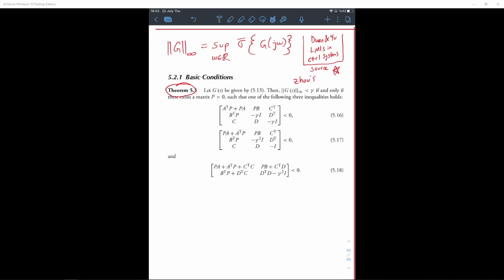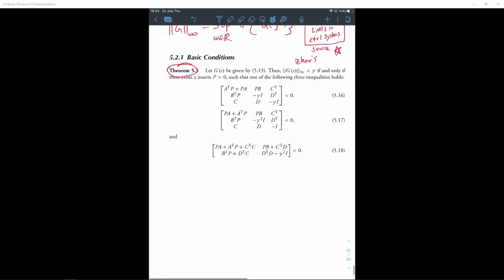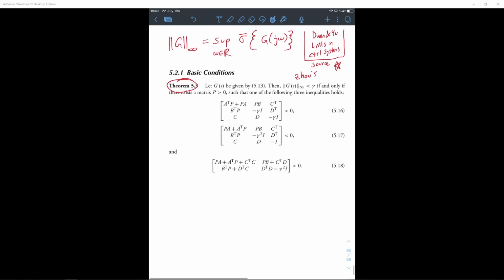And here, let me say this. Let's talk about this theorem. Okay. Let G(s) be given by a simple state space representation, x dot equals Ax plus Bu, y equals Cx plus Du, and of course there is a G(s) transfer function associated with this state space representation.